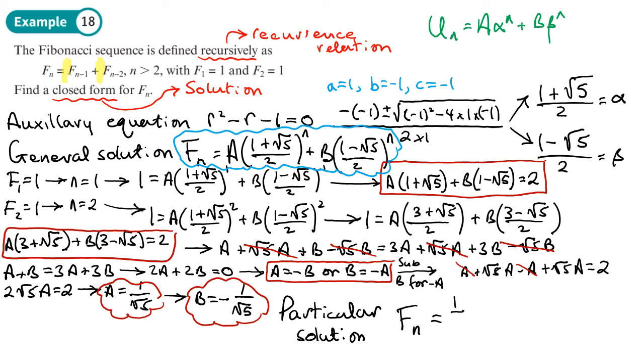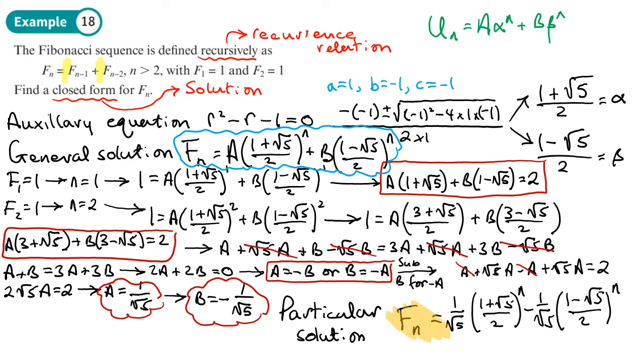So we'll have 1 over root 5 times by 1 plus root 5 over 2 to the power n, and then we'll have minus 1 over root 5 times by 1 minus root 5 over 2 to the power n. So that becomes our particular solution for this equation.